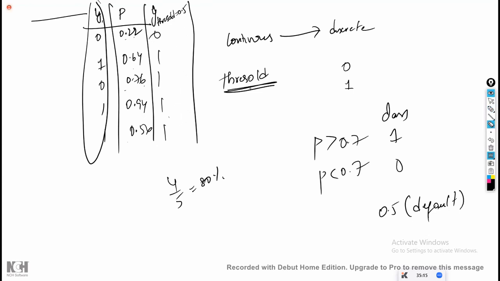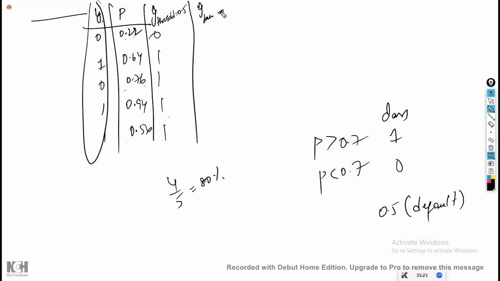Now, if I change the threshold to 0.7, tell me what are the answers? First one is 0, less than 0.7 is 0. This one 0. This one 1, 1, and this is 0. Now the threshold changes, answers change.